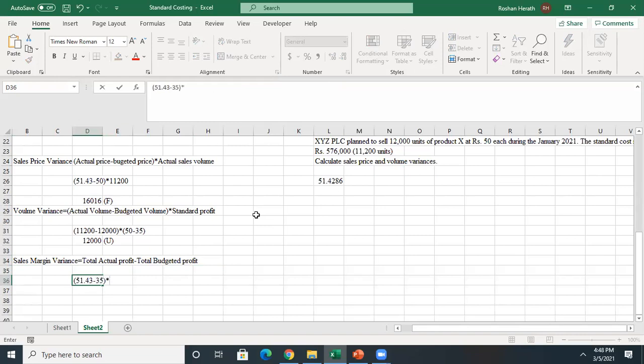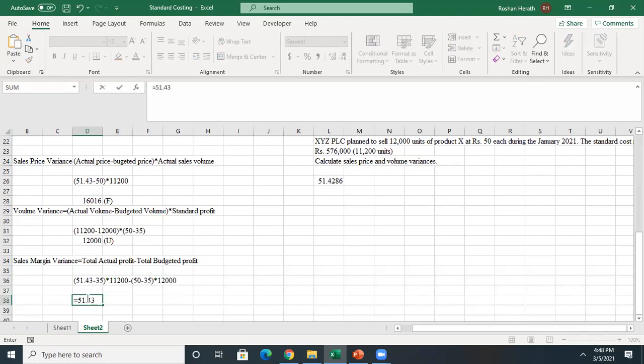And that is into, when it comes to the number of units, I think it's actual units, it's 11,200 minus, as per the budget, it was 50, 35, but we planned how much? 12,000. No?